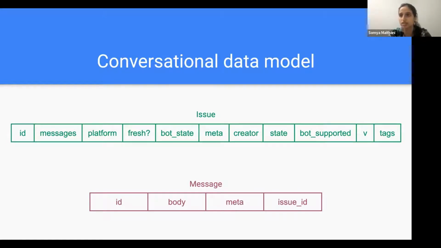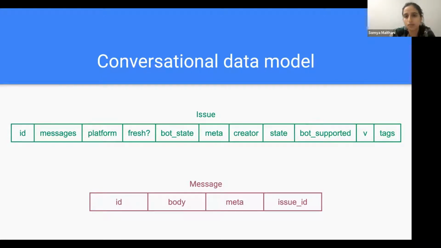These attributes are not in a normalized way but in a very denormalized way, primarily because of the database that we chose. We are going to be migrating this into a SQL model in the exercise today.